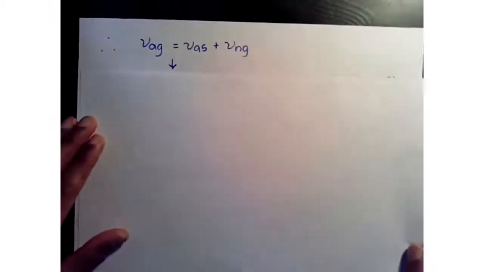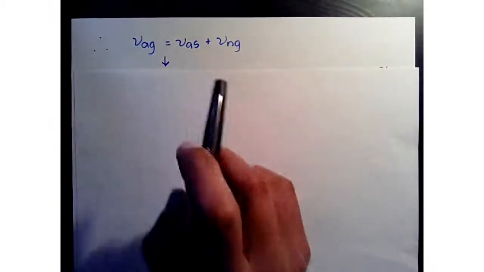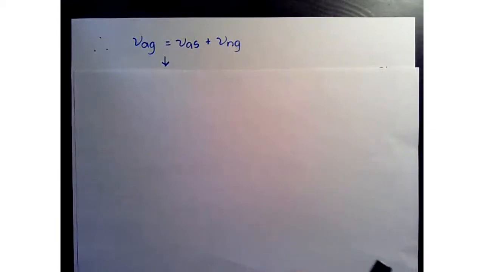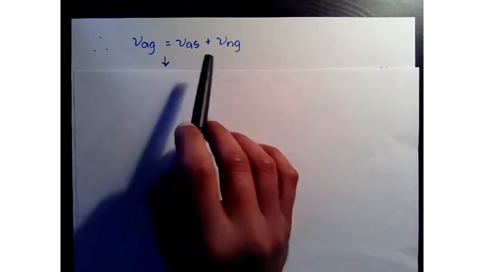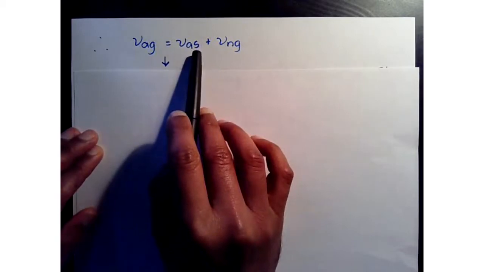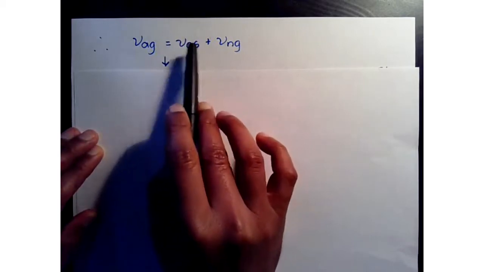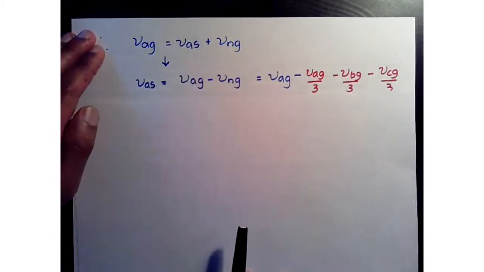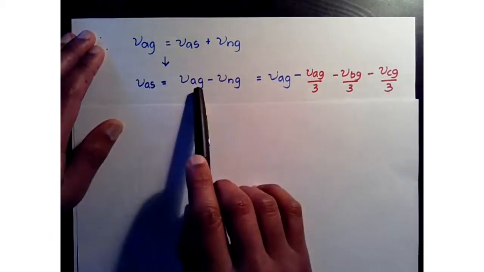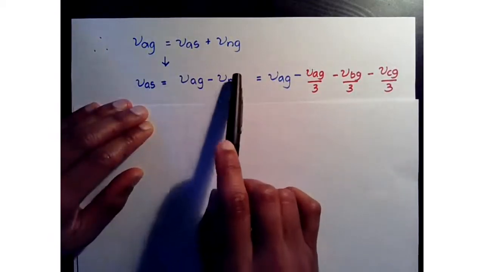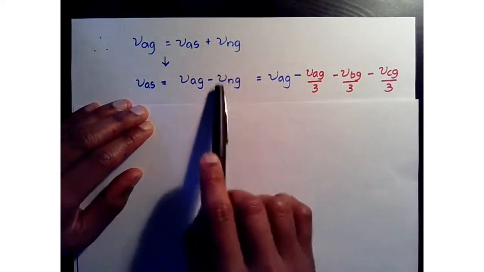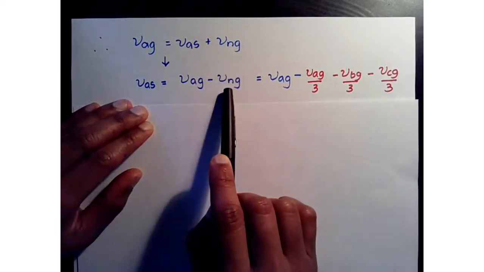Now, with that, if we go to our first equation for VAG, we can say that VAG is equal to VAS plus VNG, right? We derived that by applying KVL. Now I'm going to rewrite this a little bit differently. So let's see what VAS is. VAS ends up being VAG minus VNG. However, we have a relationship for VNG, right? We just obtained that on the previous page.